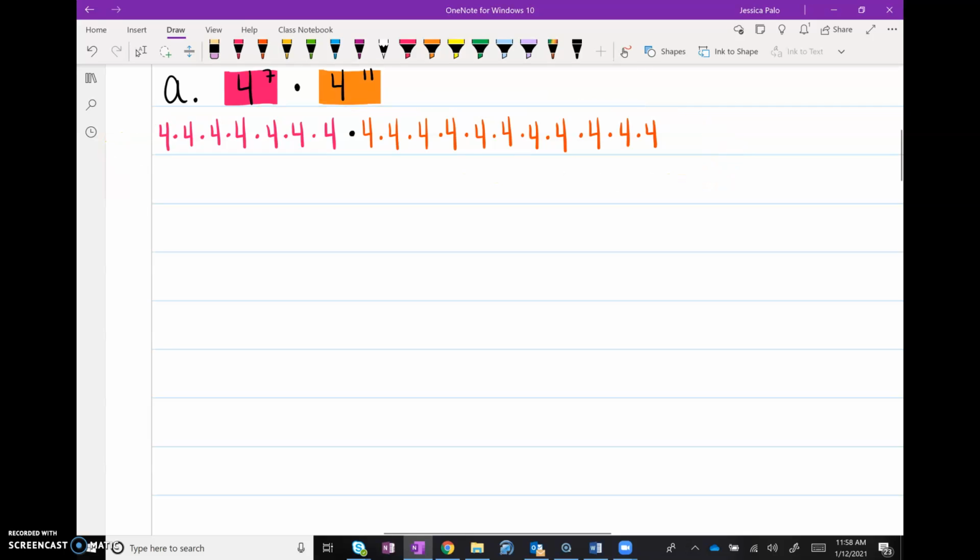So in exponential form, what would the answer be to 4 to the 7th times 4 to the 11th?